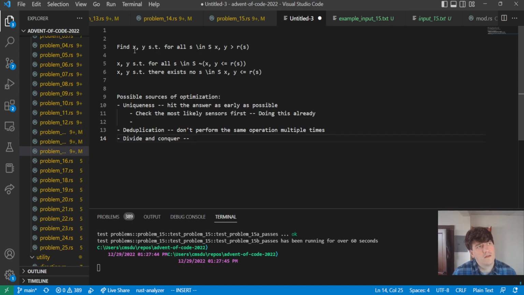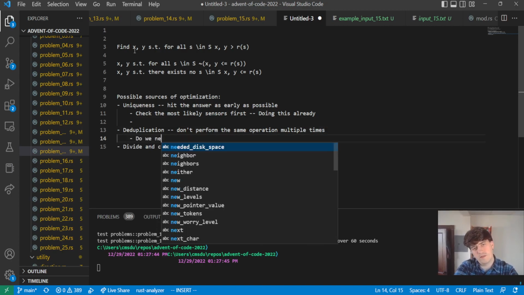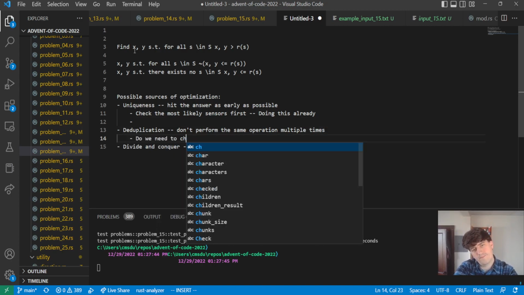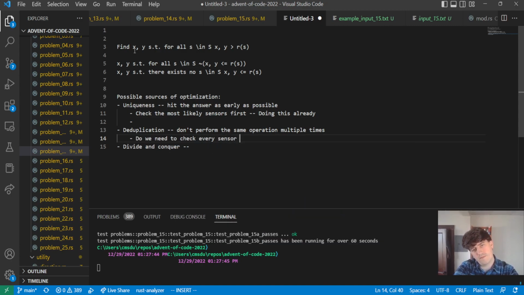Like, one thing that's true is for a given candidate, like, we certainly don't have to check. Right now we're checking every sensor. Question, do we need to check every sensor every time? Well, no.